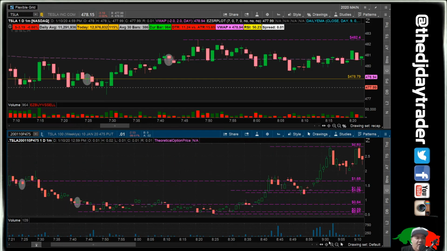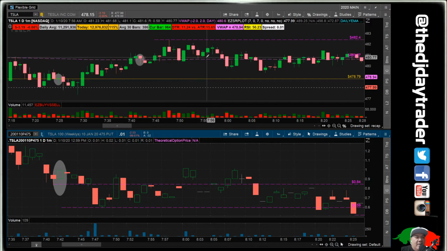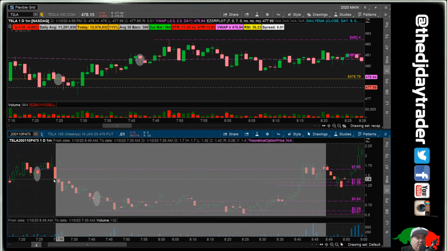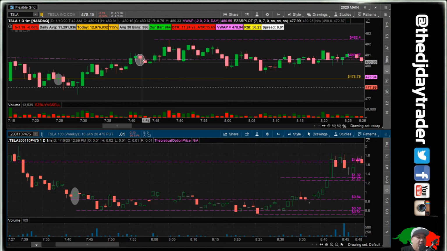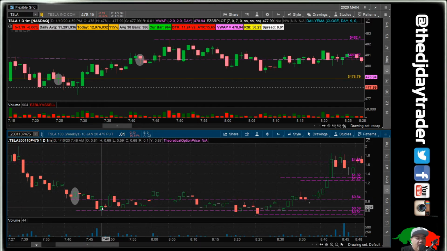And this is the difference between trading equities and trading options: the fact that time, I believe it's the theta possibly, will kill you. This consolidation time will eat you up. These contracts were worth, let's say, at 748 when I entered, at the highest point here at 482.40, this contract was worth 59 cents.